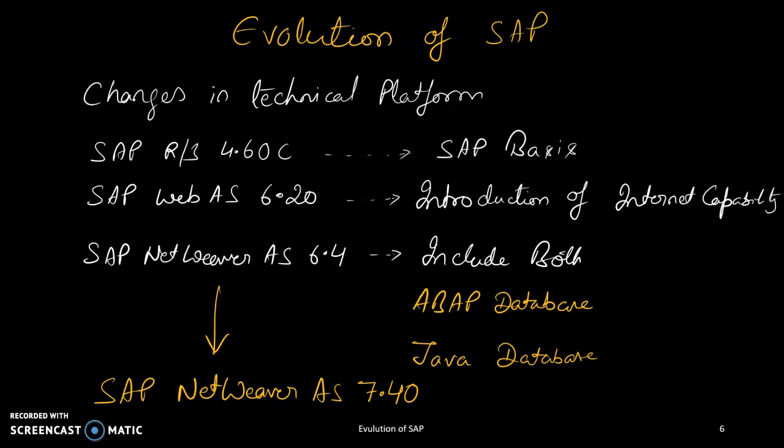And with the ability to include both ABAP and Java in one system, with release 6.40, the name became SAP NetWeaver Application Server.